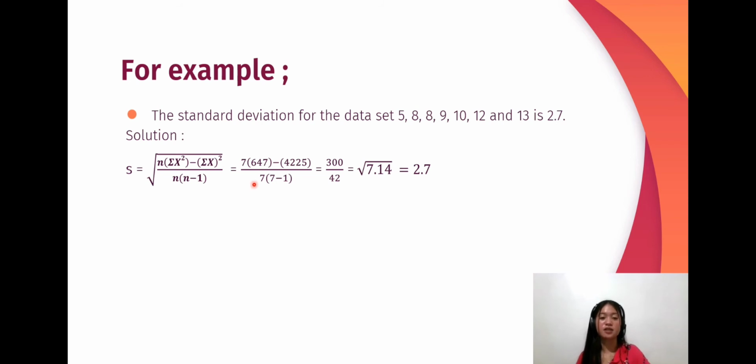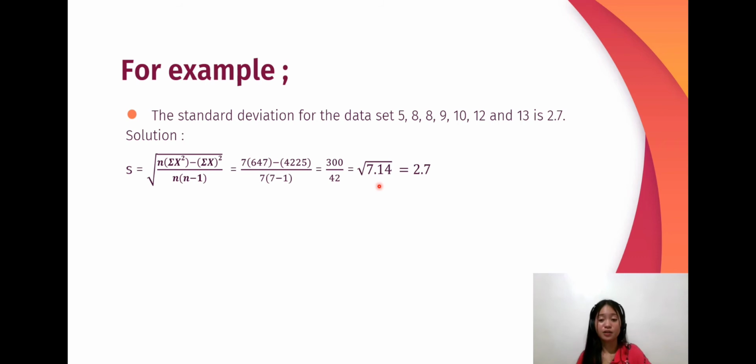So we get 647, and the 4,225 is where we add first each value and then square the sum. So that is the answer that came out, 4,225. Then this 7 is again the sample size, so we minus 1. In solving this, it comes up to 300 over 42. 300 divided by 42 is equal to 7.14.